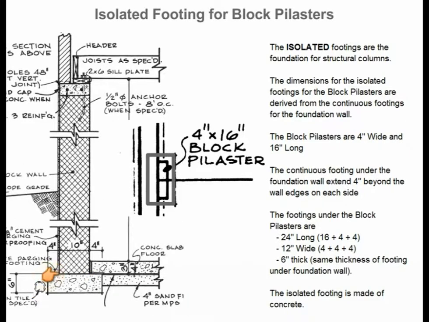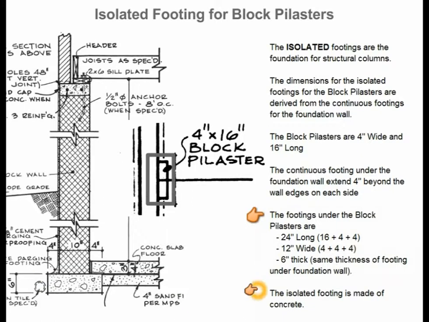The footings for the foundation wall extend beyond the wall 4 inches on each side. So we will add 4 inches on each side of the 4x16 block pilaster to get the dimensions necessary for the isolated footing. We will also use a thickness of 6 inches to match the footing that is supporting the foundation wall.